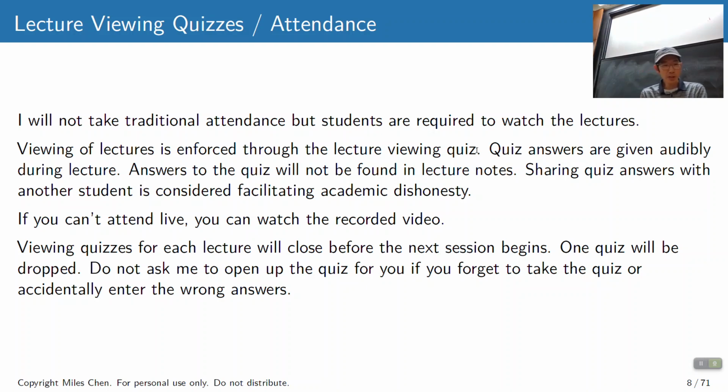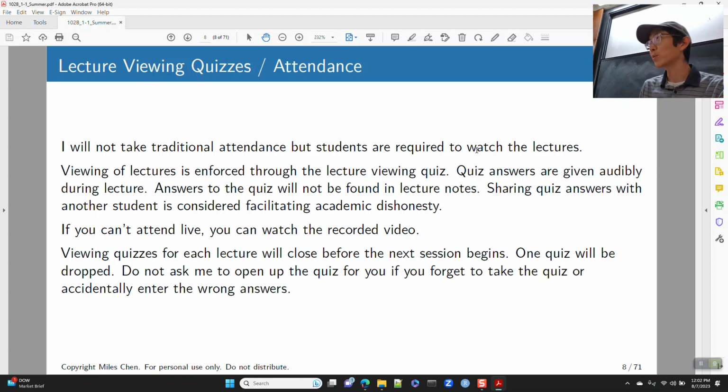There are different philosophies for grading, and I'm a straight scale kind of grader. Lecture view quizzes are how I do, quote unquote, attendance. I don't call out your name to see if you're in the classroom. I'm recording video of the lecture, so if you aren't able to attend live in person, you just have to watch the video.